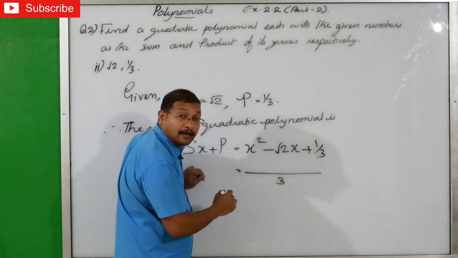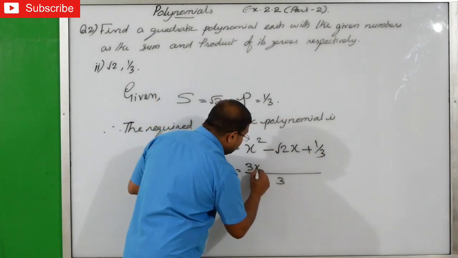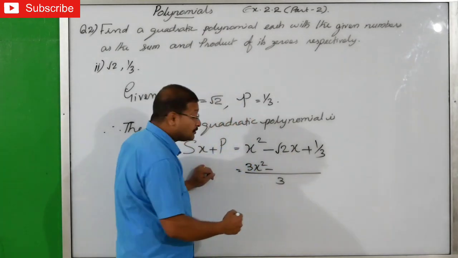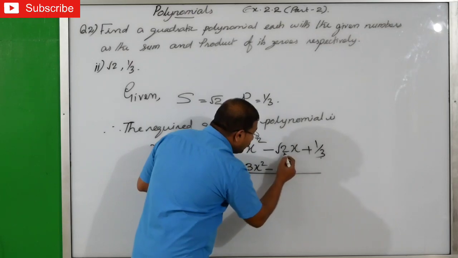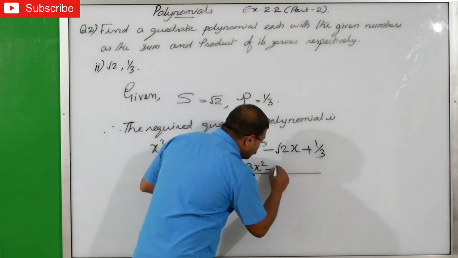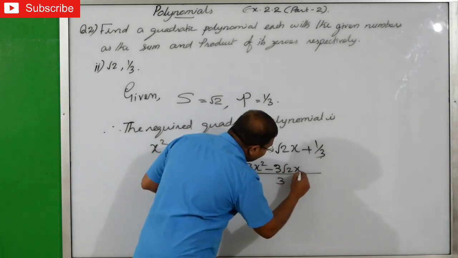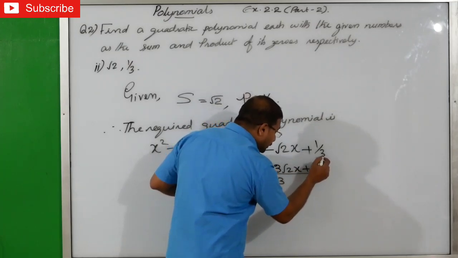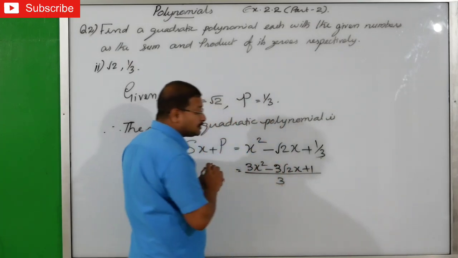So 3 into x square, 3x square minus. So here also we have to multiply 3, isn't it? That means 3 into root 2x, 3 root 2x plus 1. Here no need, because here the denominator and the LCM are same.